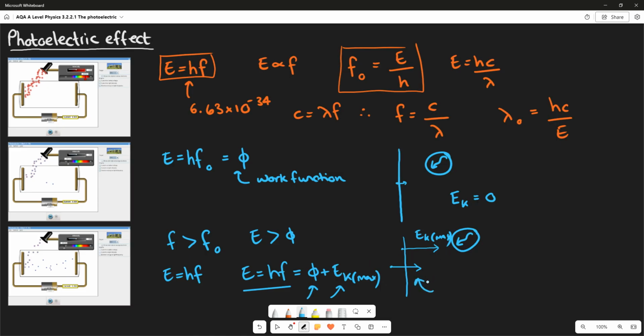These photoelectrons are going to have a kinetic energy that is smaller than those that were at the surface. So what you end up with is electrons that were at the surface escaping with a very large velocity, and electrons that were deeper down escaping with a smaller velocity.